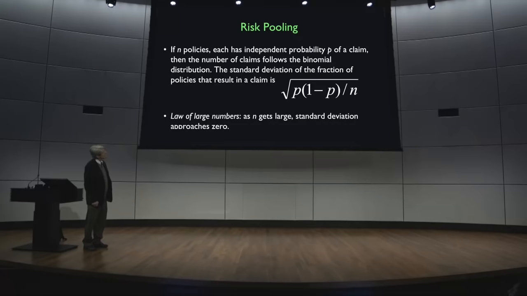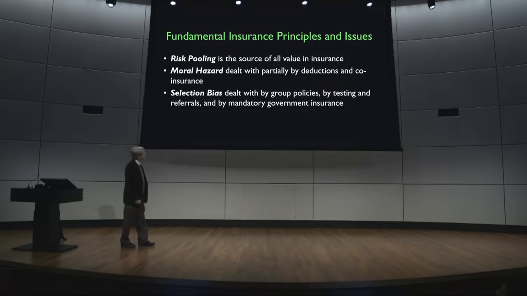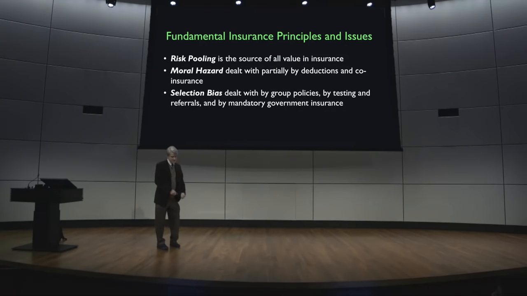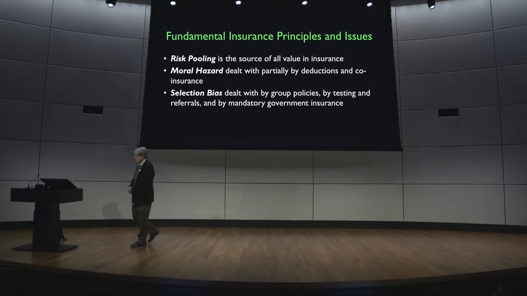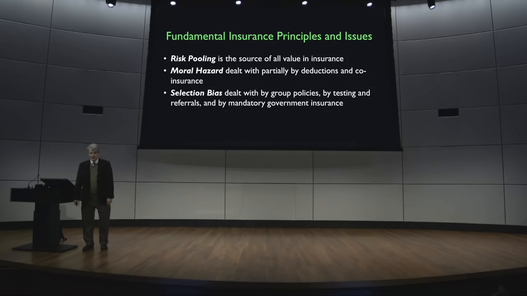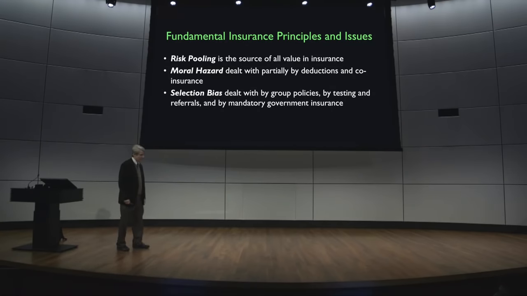So unfortunately, it's not so easy to make this idea work in practice, largely because of moral hazard and selection bias. Moral hazard occurs when people, knowing they're insured, take more risks.